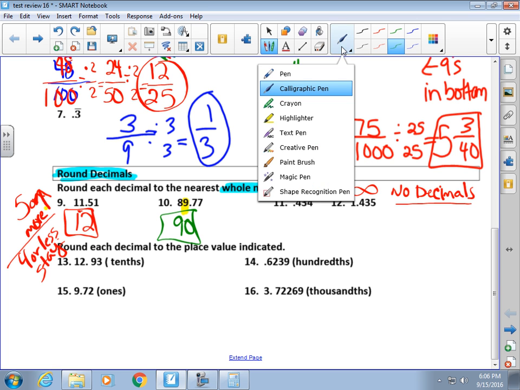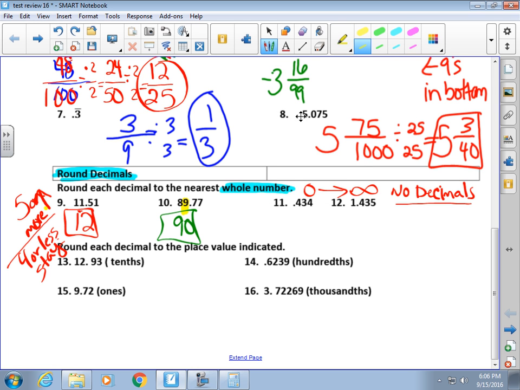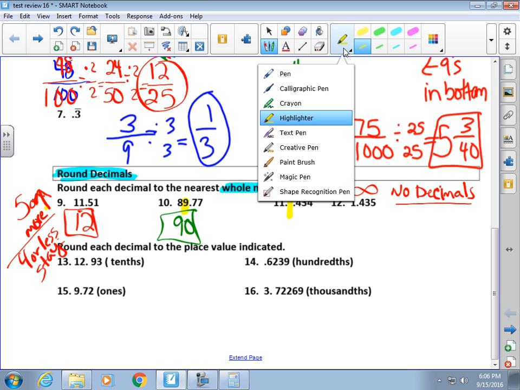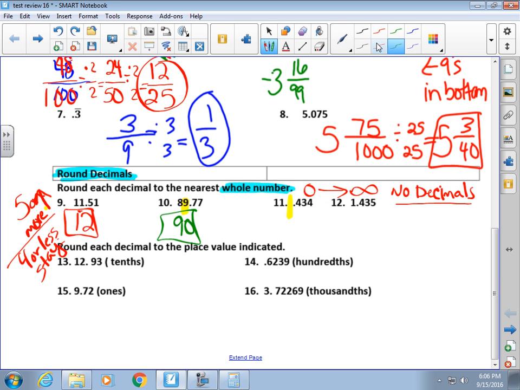Next, nearest whole number. My whole number would be in the front, so that is a 0 that's really there. So 0.434, 5 or more, go up. 4 or less, you stay. So 4 or less, so this should be 0.